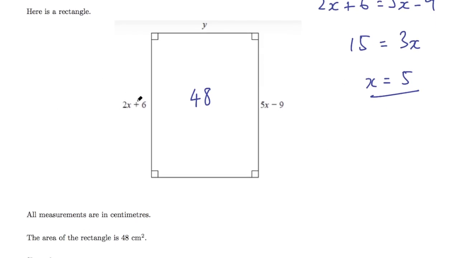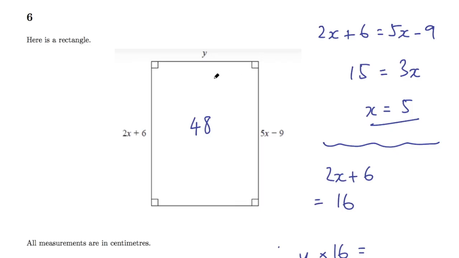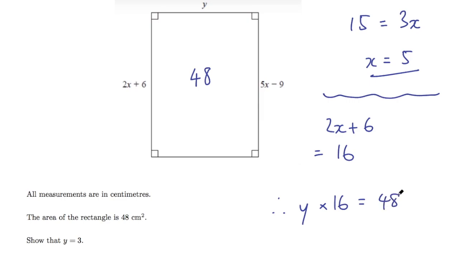And then we can say, well, taking one of these equations, let's say 2x plus 6, if we substitute 5 in there, we get 16. And therefore, y times 16, in other words, the width times this side, 16, must be 48, must give the area.